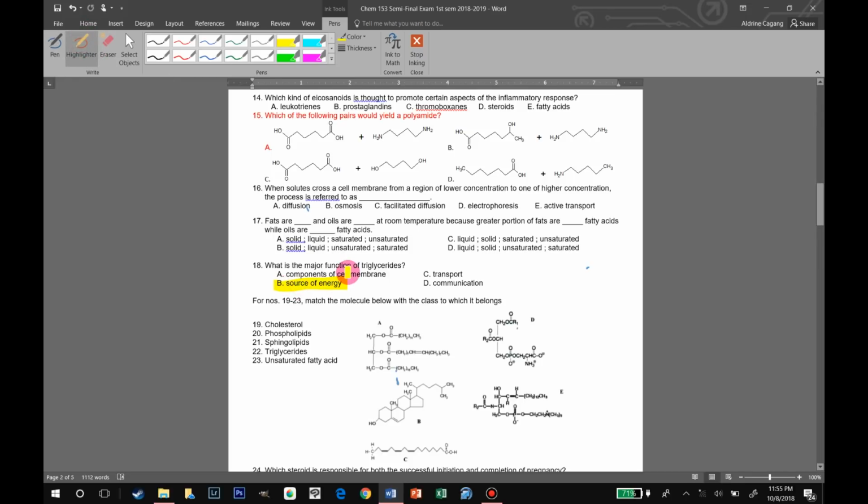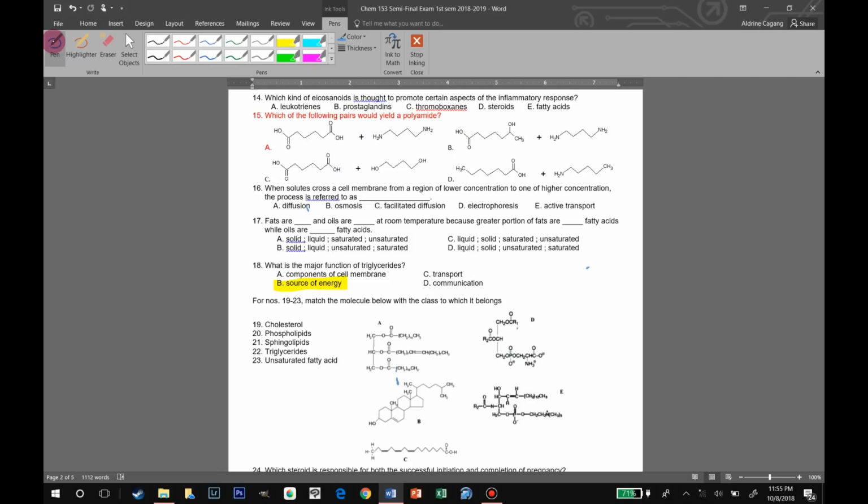So fats and oils, so they are more of a storage, energy storage, forms of stored energy. So the major components of your cell membrane, they are not triglycerides, those are phospholipids.